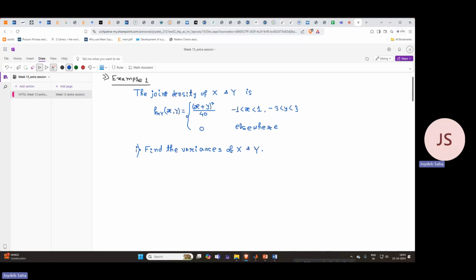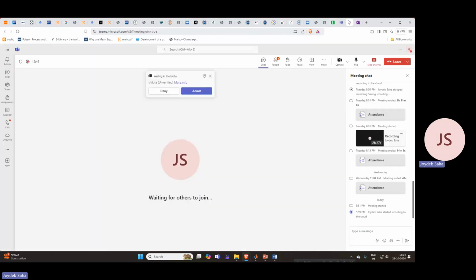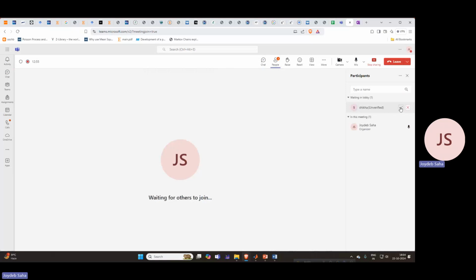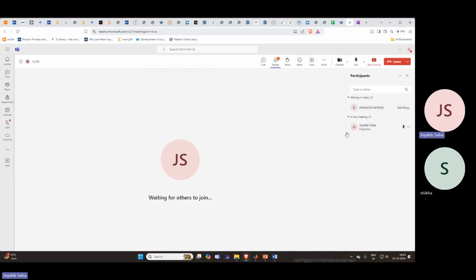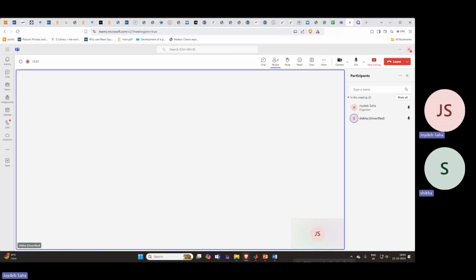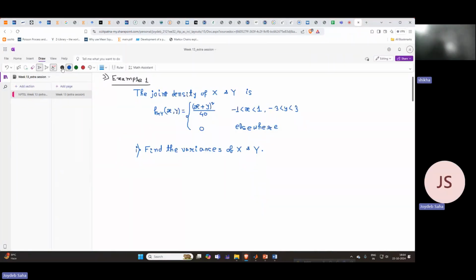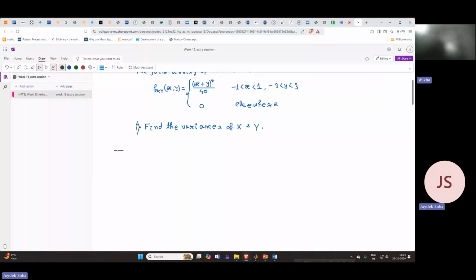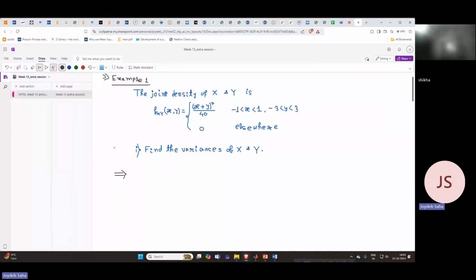So this is our first question. Okay, so let us solve this question first. The joint density of two random variables x and y is given. Find the variances of x and y.